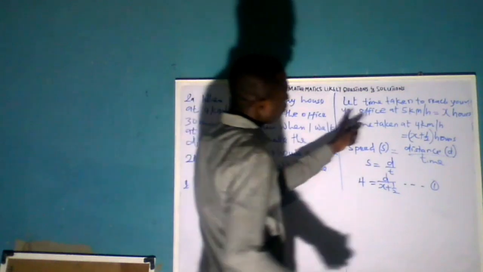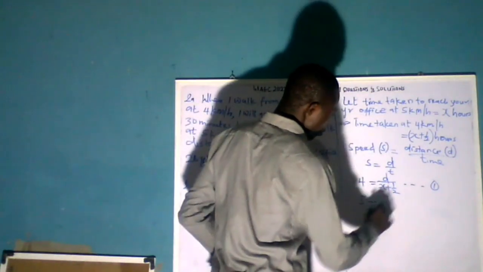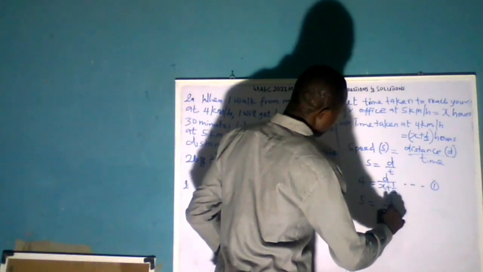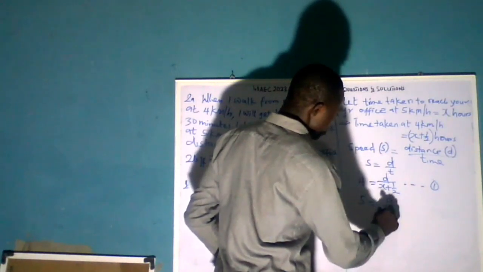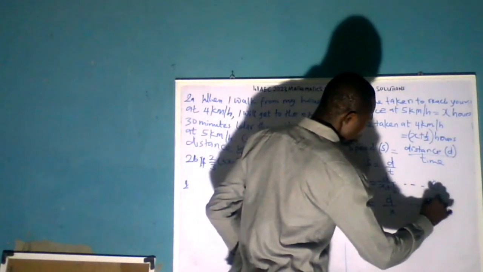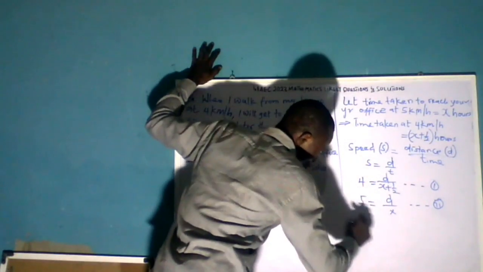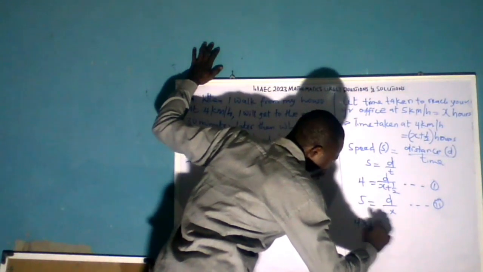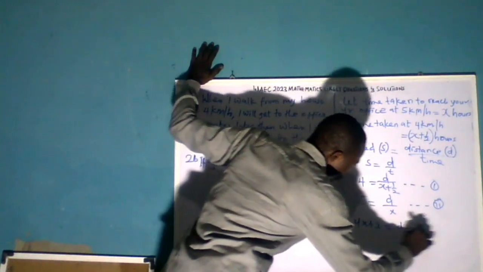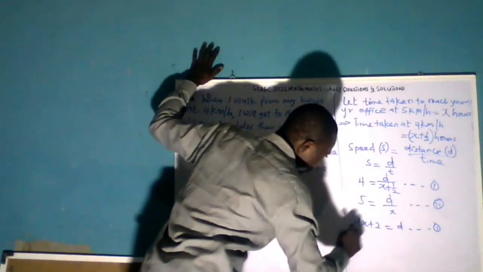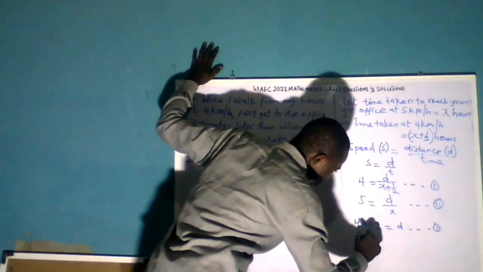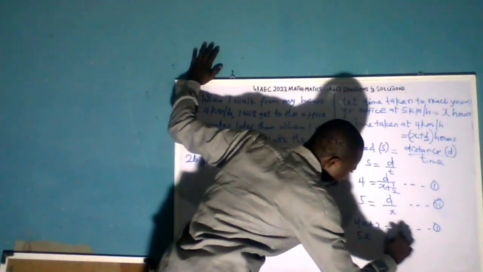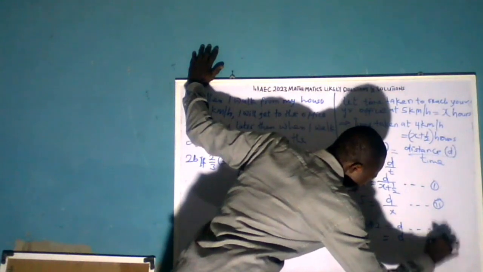And at speed 5 km per hour, you have 5 equals d all over x. Call this equation 2. To simplify, let's do cross multiplication so that you have 4x plus 2 equals d, which is equation 1, and you have 5x equals d, which is equation 2.